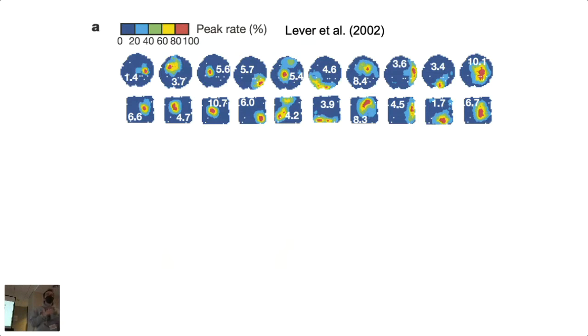And there are many, many things that can cause remapping of hippocampal place cells, but one of the strongest determinants that we've learned about over the last 40 years is the geometry of an environment. This is a really strong determinant of mapping in the brain, at least in rodents. So in this experiment from John O'Keefe's lab and Colin Lever in 2002, they were recording rats and then changing the shape of an environment specifically.